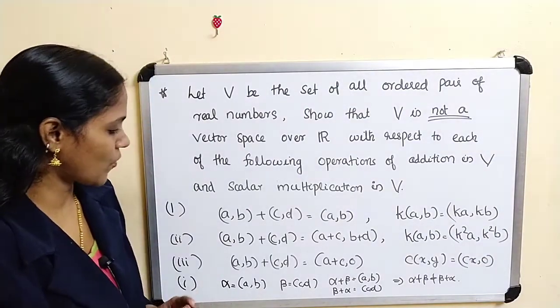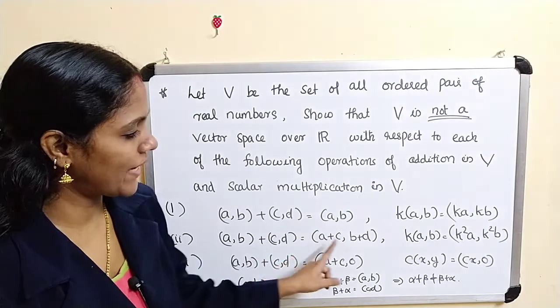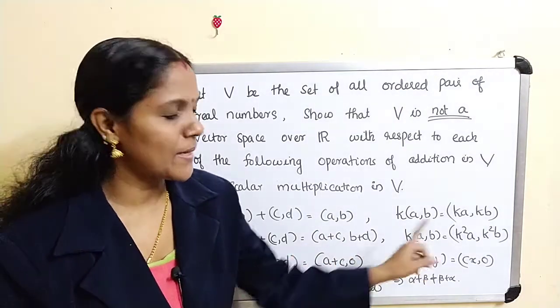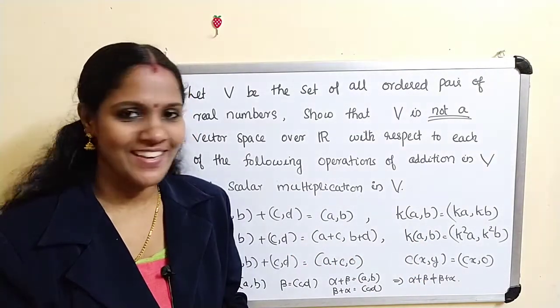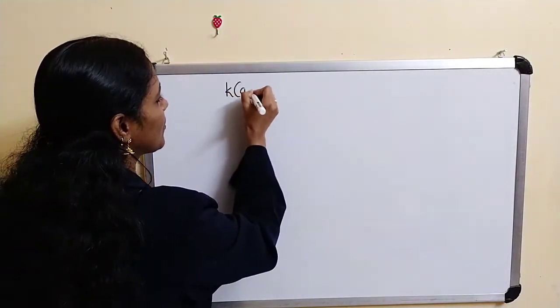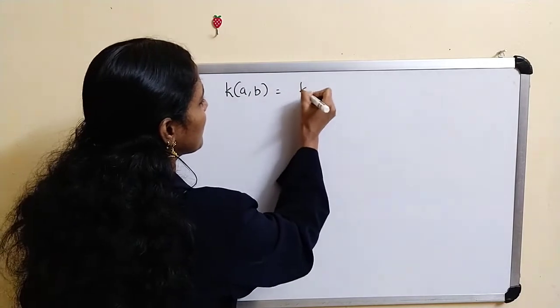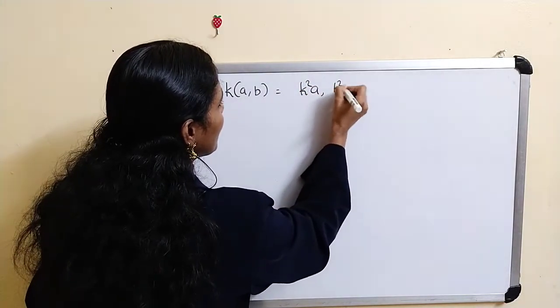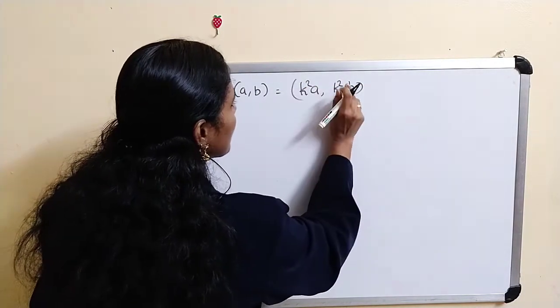Now, what about the next problem? (a,b) plus (c,d) equal to (a plus c, b plus d), and k(a,b) equal to (k square a, k square b).